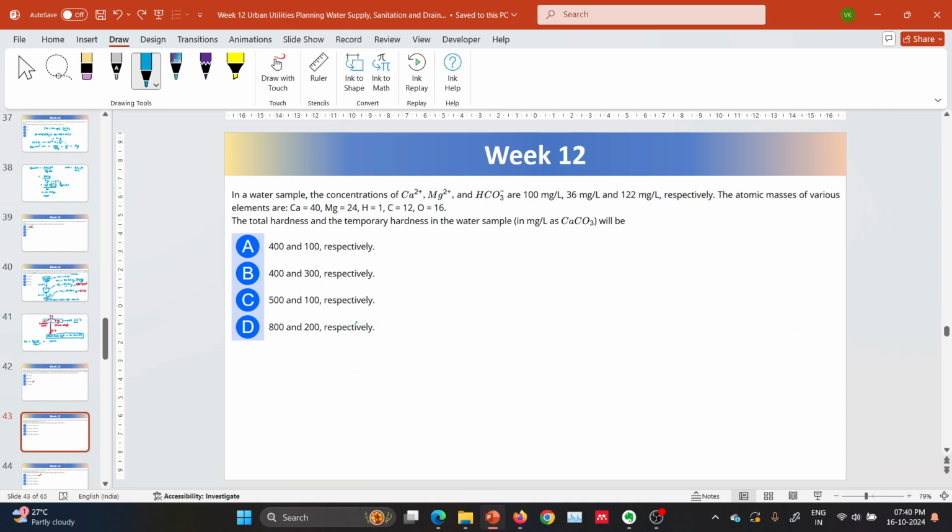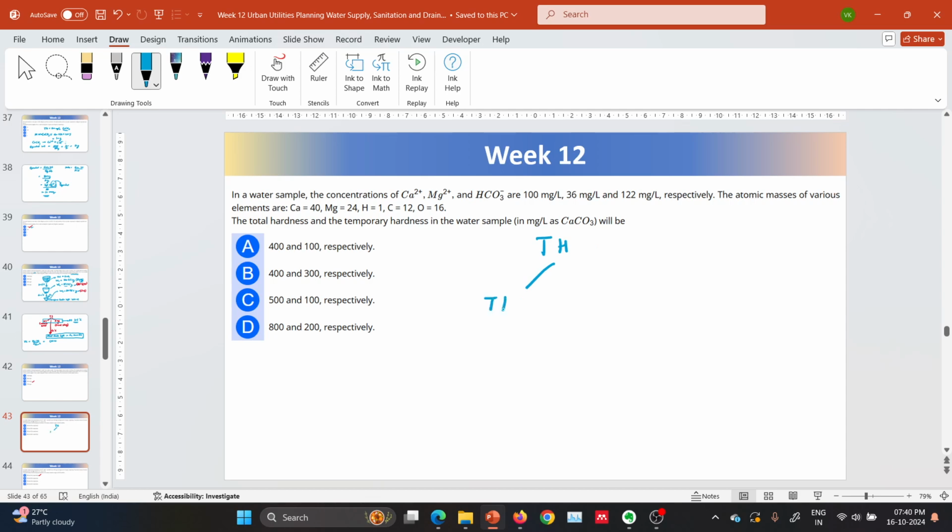In the water sample, the concentrations of calcium, magnesium ions and bicarbonate ion are 136 and 122 milligram per liter respectively. The atomic masses of various elements are given, and total hardness and temporary hardness in the water sample is asked. So we need to calculate total hardness and temporary hardness.